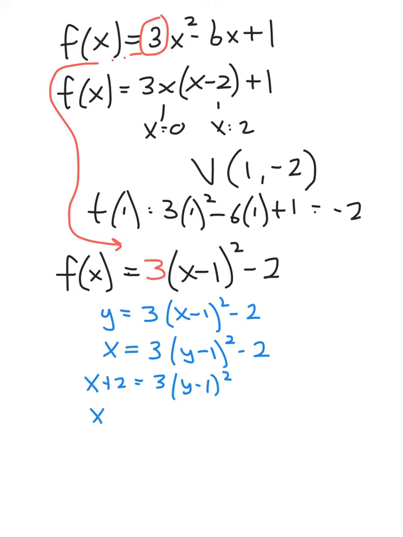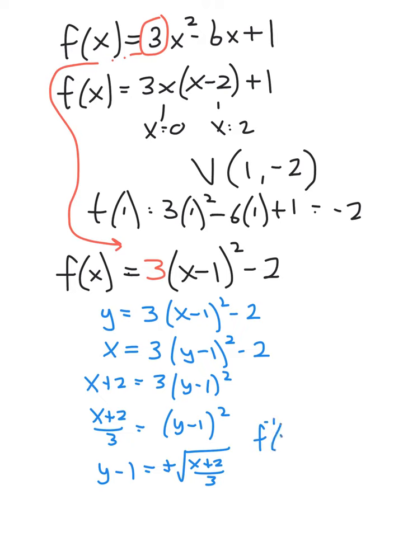Divide by 3. And now we can square root both sides. So y minus 1 equals plus or minus again, because it's taking the square root, x plus 2 over 3. And then y, or f negative 1 of x, equals 1 plus or minus, take the 1 over, root x plus 2 over 3.